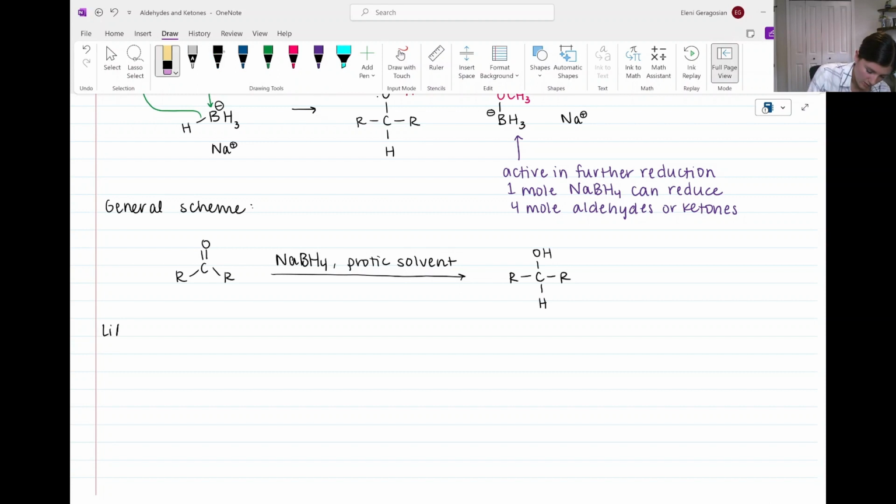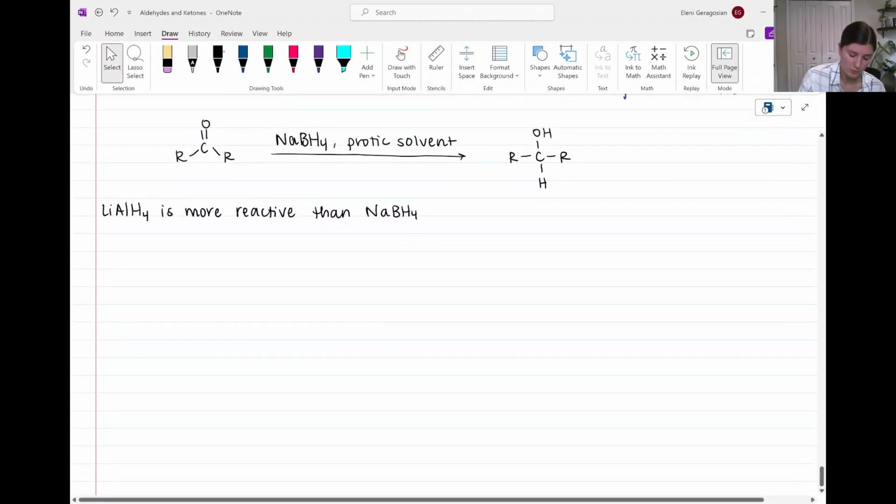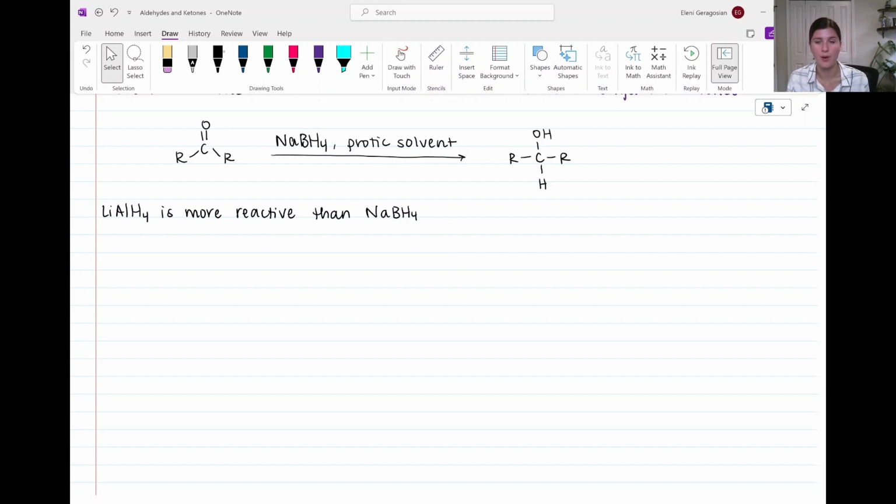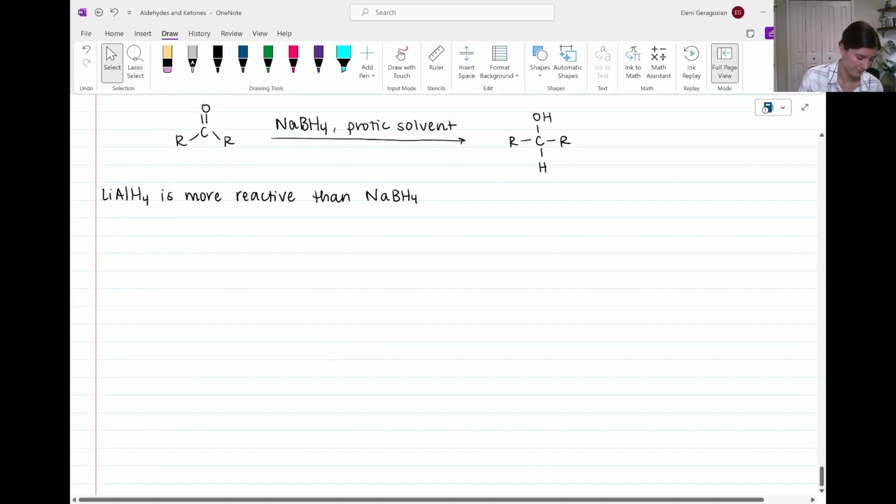So lithium aluminum hydride is more reactive than sodium borohydride. So we'll list a number of functional groups, and then we'll write down if they can be reduced by lithium aluminum hydride or sodium borohydride.